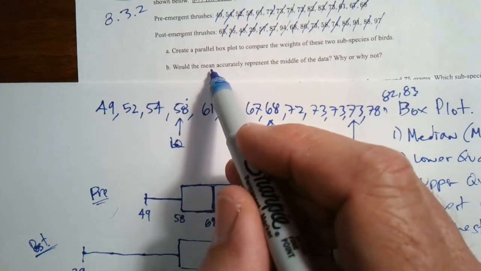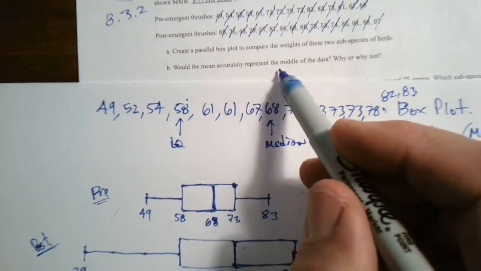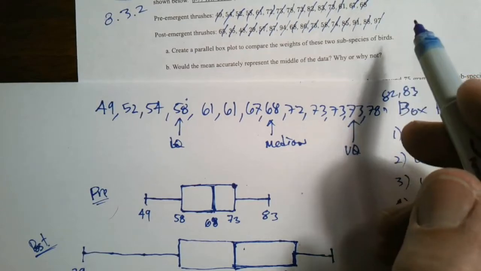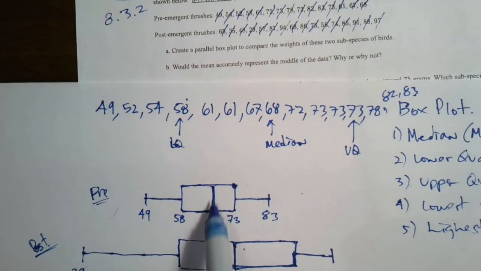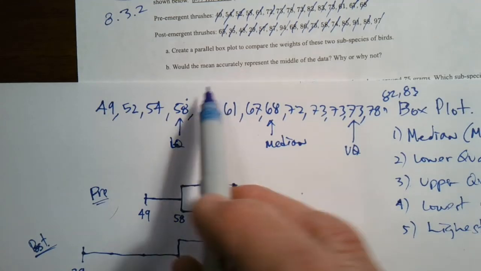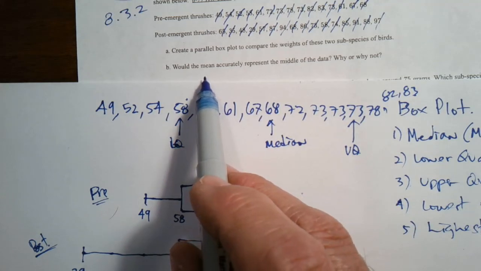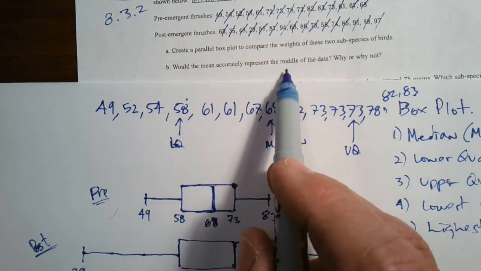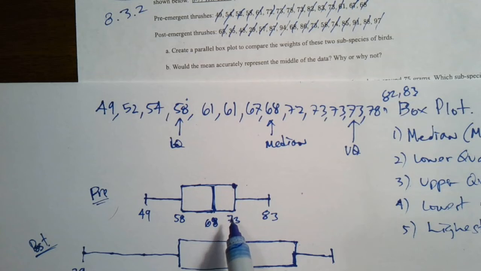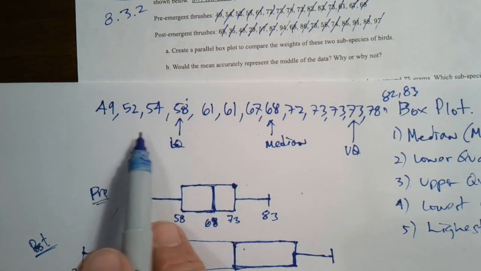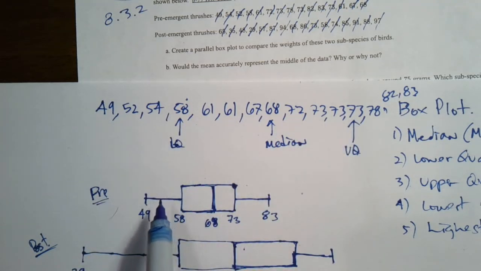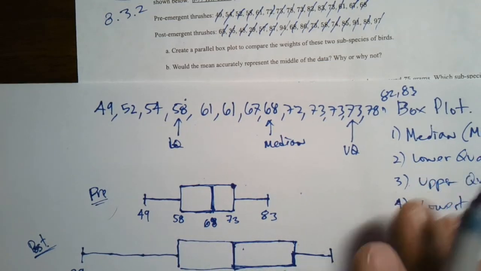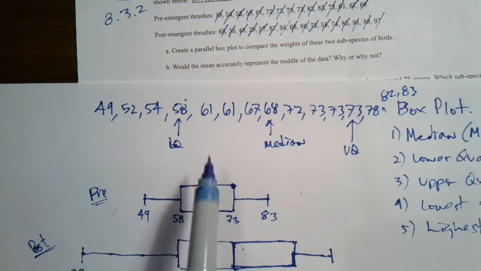So part B said, would the mean accurately represent the middle of the data? So I don't know, this is my median. I want to know if the mean would actually represent the middle of the data. And mean is not necessarily the middle, right? Median is the middle of the data. So mean is adding all the numbers up and dividing by the number of numbers. So sometimes it is, but sometimes it's not. And how you know really is the mean.